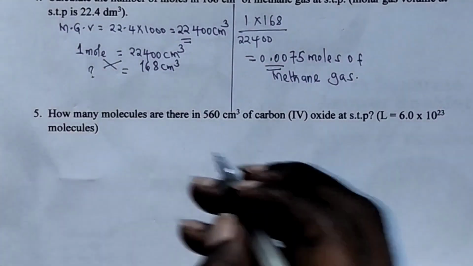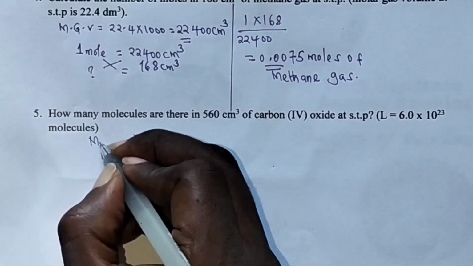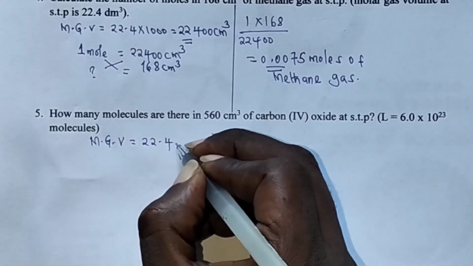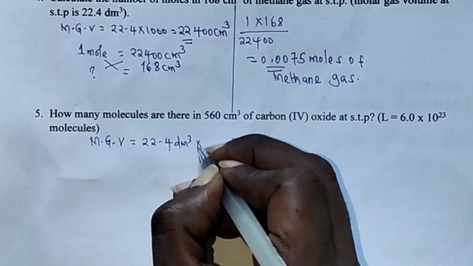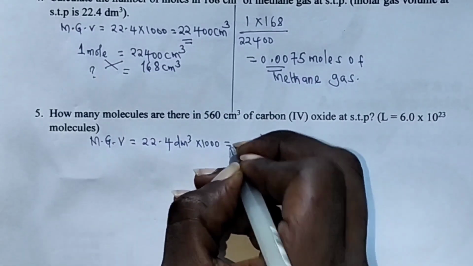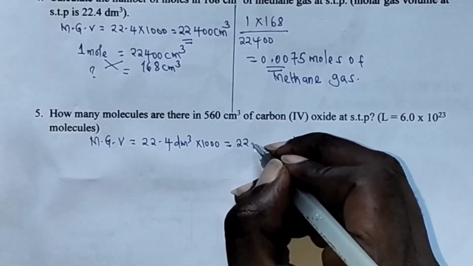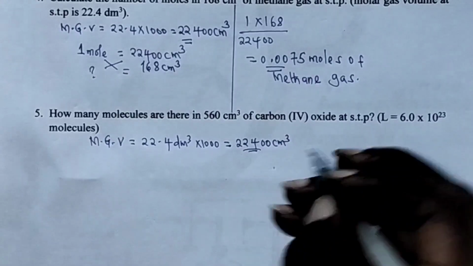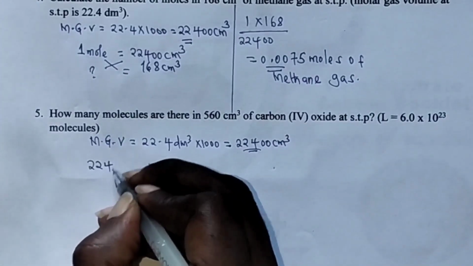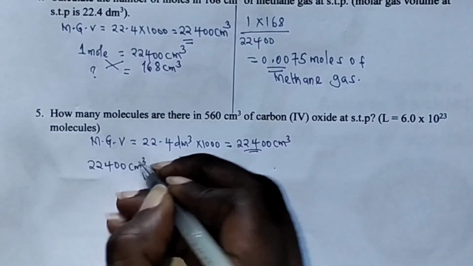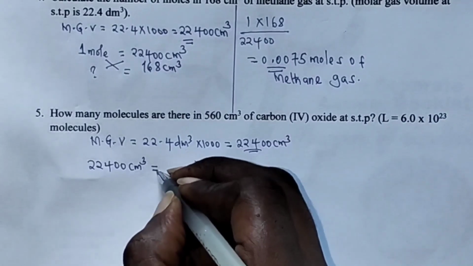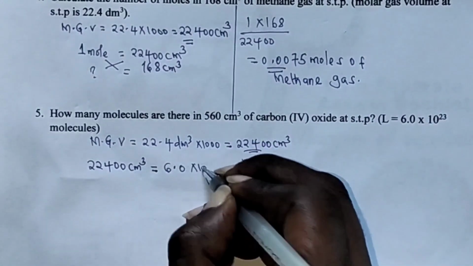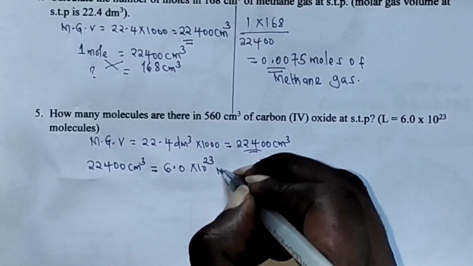So we can say the molar gas volume, which is 22.4 decimeter cube, multiplied by 1,000 for it to be converted into centimeter cube. So we are going to have 22,400 centimeter cube. So we can say 22,400 centimeter cube is equal to the Avogadro's number of molecules. That's 6.0 times 10 power 23 molecules given in the bracket.